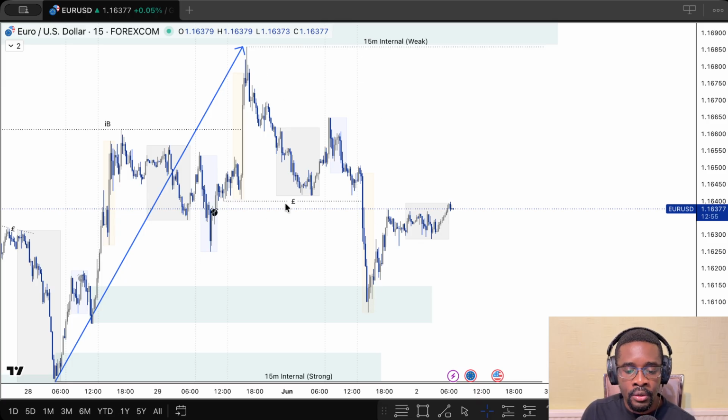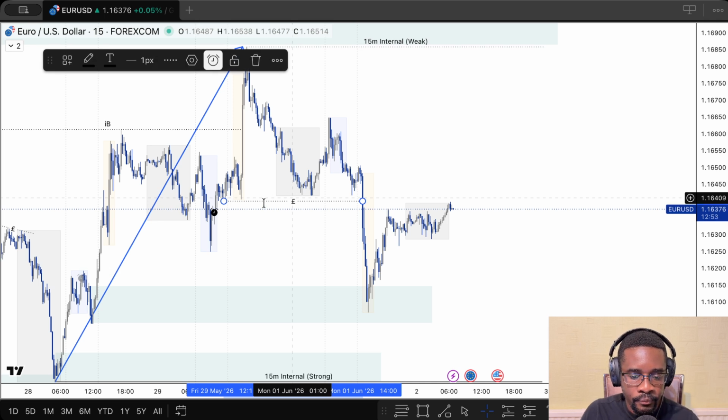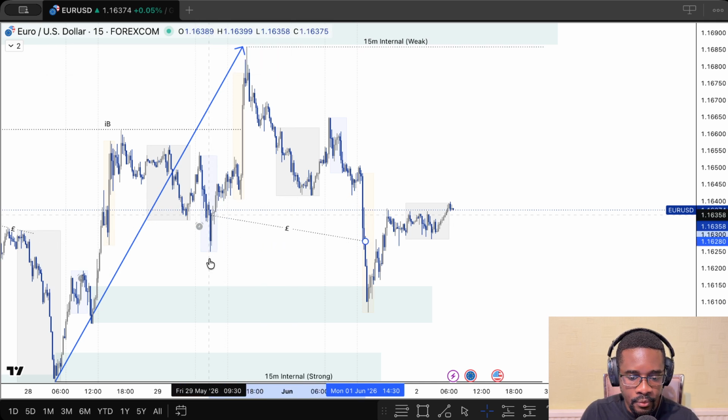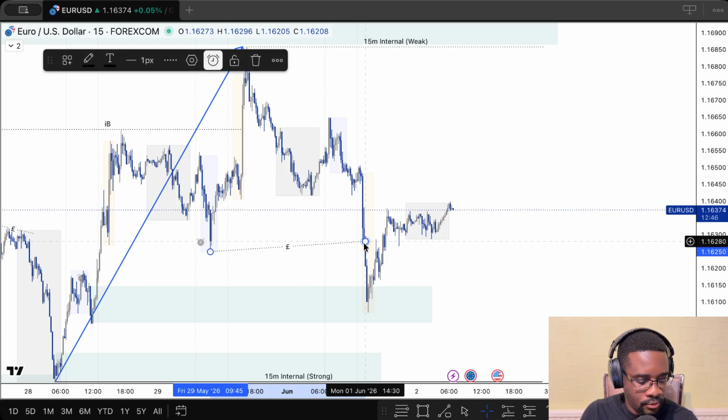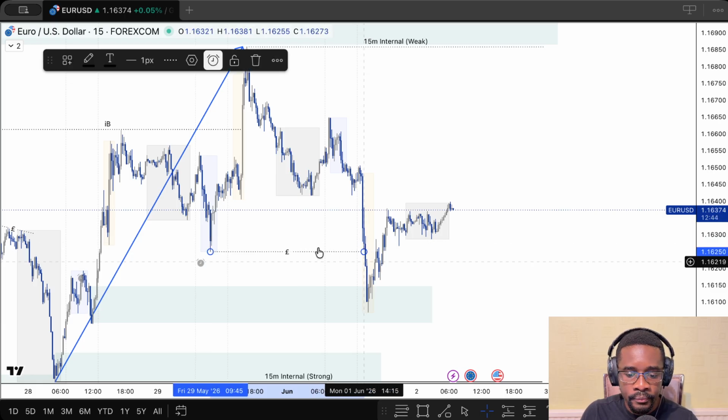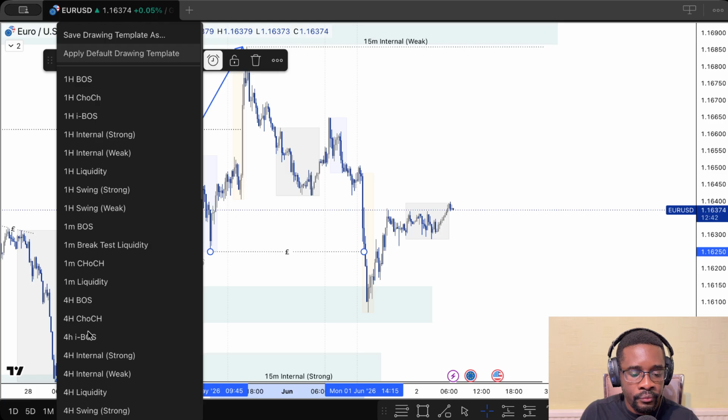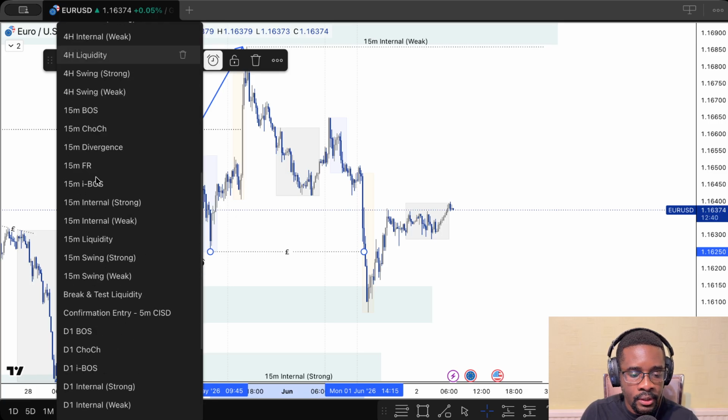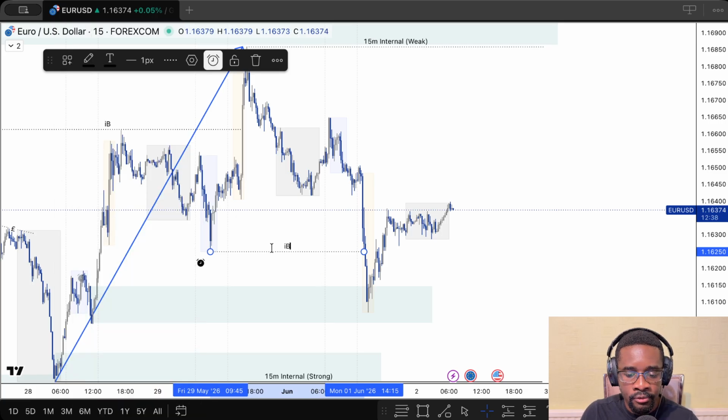into, so this would then become the decisional. So this would be a sub-internal break of structure. Now this is where you start to have layers within layers of structure.